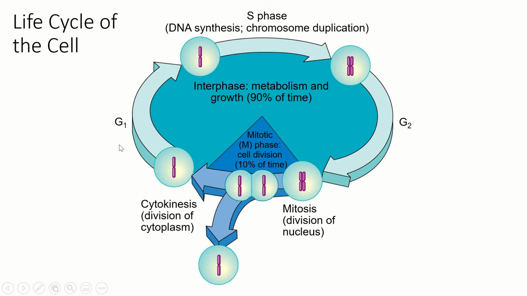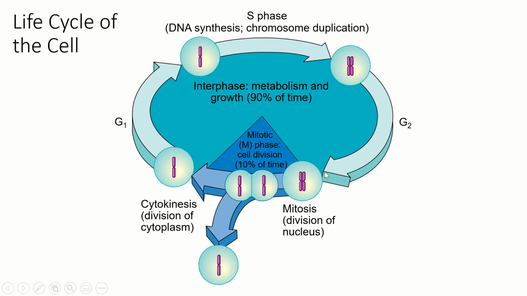All of this part, the G1, the S, the G2, are all together called interphase. And this is most of a cell's lifetime. For cells that do mitosis, it's about 90% of their life cycle, and then there's only about 10% spent doing mitosis. So just remember that.